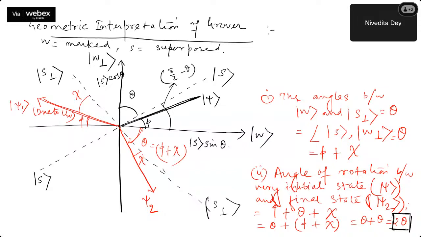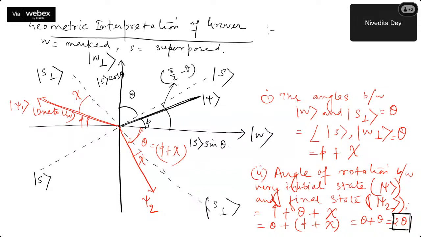What I mean is, the angle difference between phi and phi 2 after application of both Grover operators is 2 theta. That means one iteration will make an angle of 2 theta. If you make another iteration, it will make another 2 theta from the output state, which is right now phi 2. It will start with phi 2, and again the entire rotation will take place. And likewise, why are you rotating in this way?